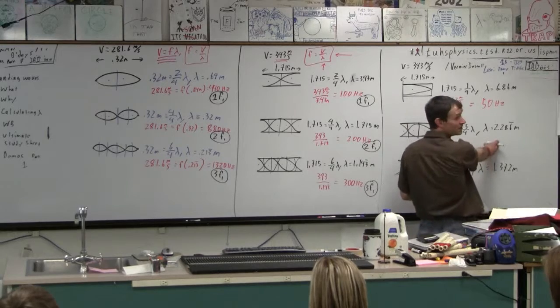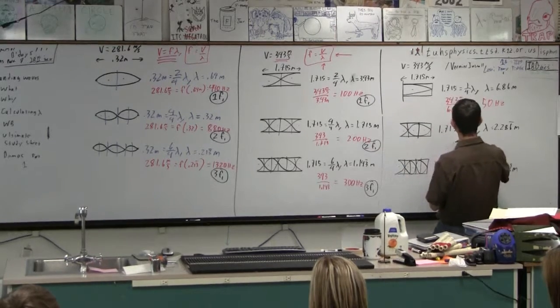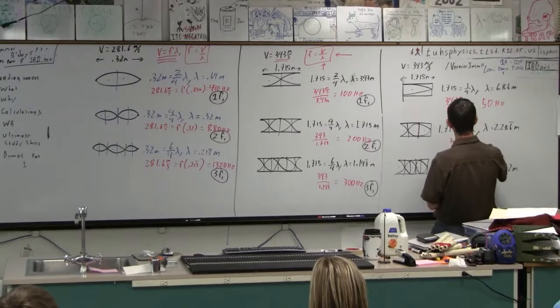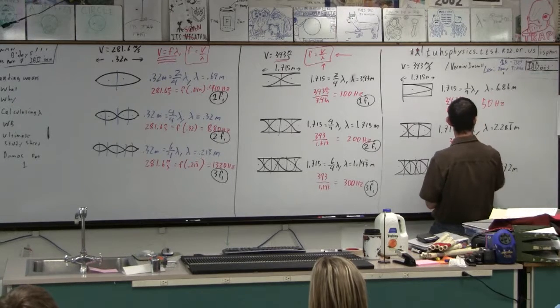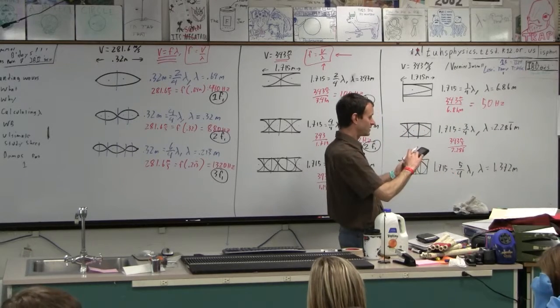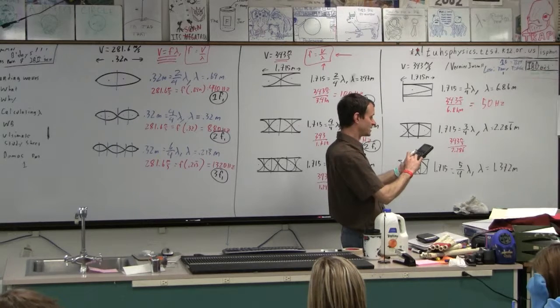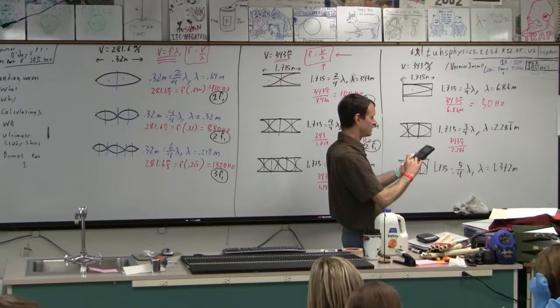Any guesses what this will be? 150. Yeah, if it follows this pattern, it'll be 100, but it doesn't follow that pattern. So let's see. 343 meters per second divided by 2.286, repeating. So 343 divided by 2.2866666666.